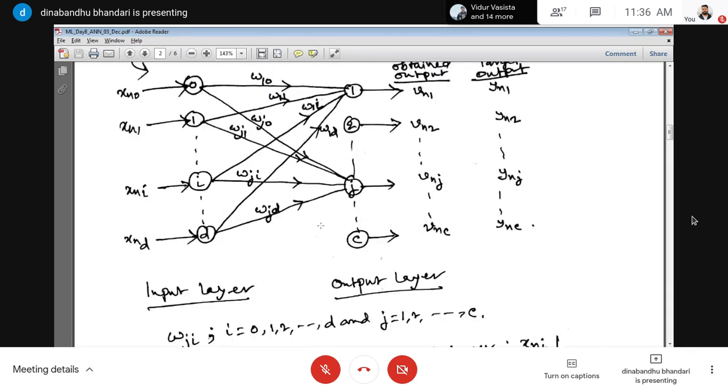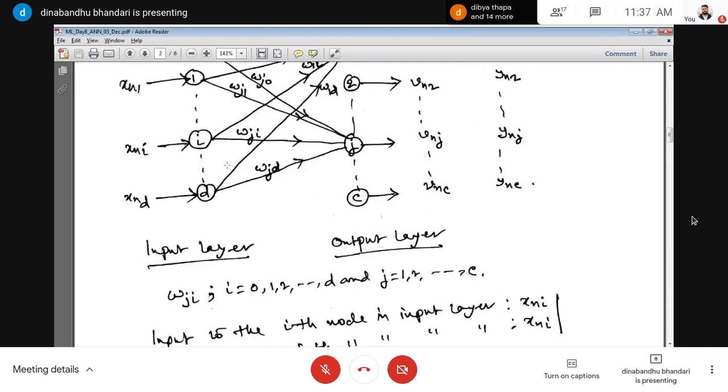I have written here the input layer and the output layer, and Wji is the weight associated with the connection connecting the ith input node to the jth output node. And i varies from 0 to d, and j varies from 1 to c.